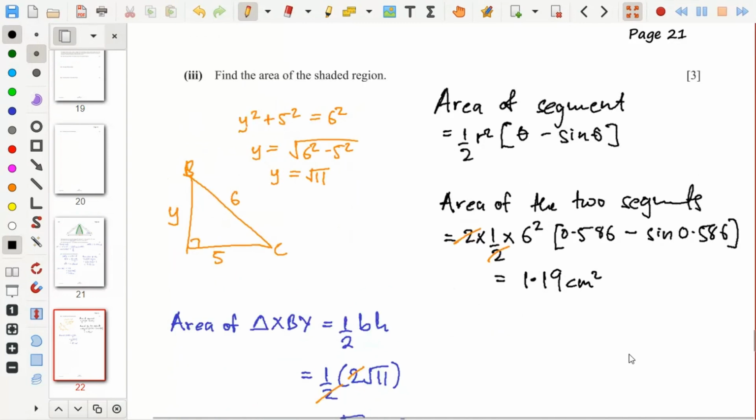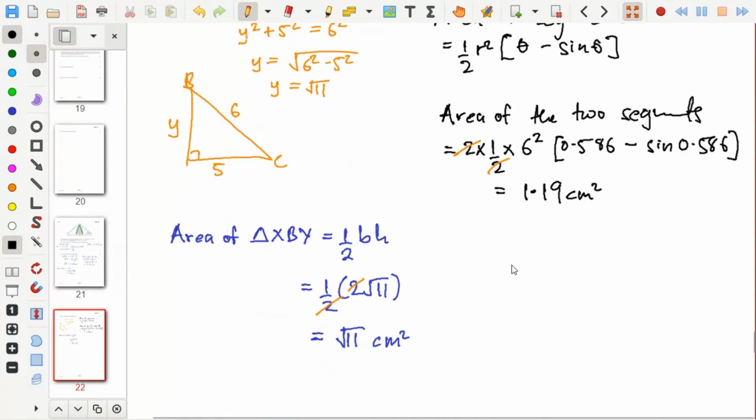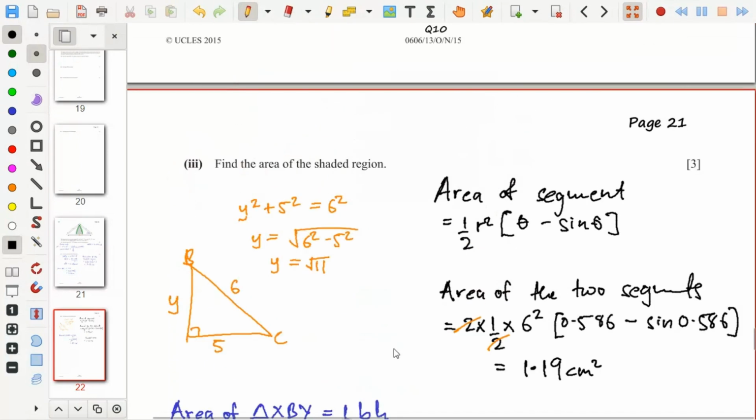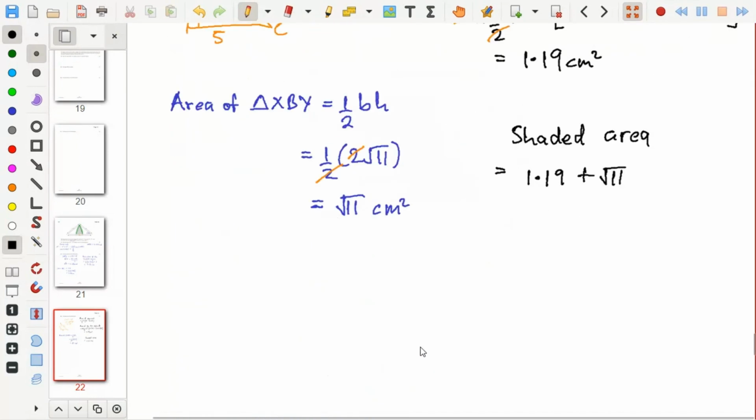Okay. So right now I can find the area of the shaded region. So that should be 1.19 plus root 11. Okay, so now let's calculate that and see what we get. So I'm getting 4.51 centimeter squared.